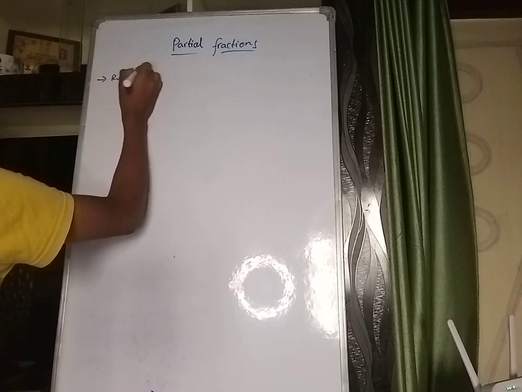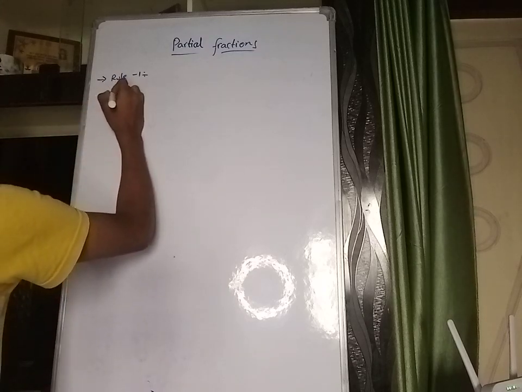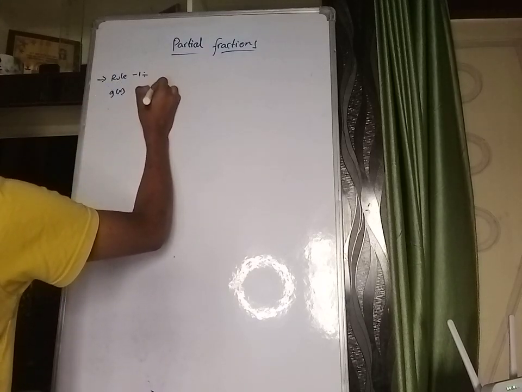Rule 1. So rule 1 is nothing but g of x contains non-repeated linear factors.